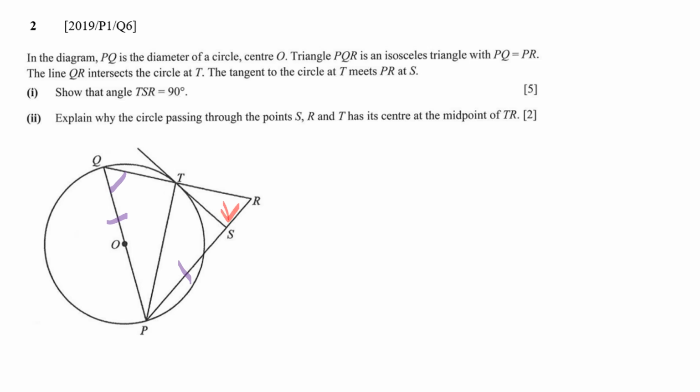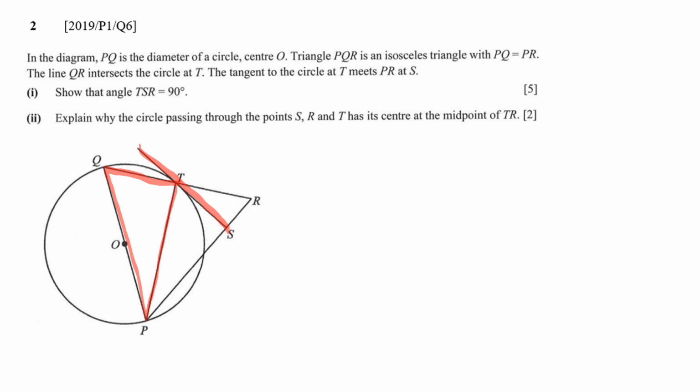So how do we go about it? Let's see how we can make use of our tangent line. From this tangent line, we can have one chord, another one, so that here we can use the alternate segment theorem.